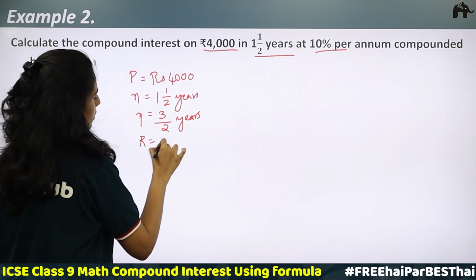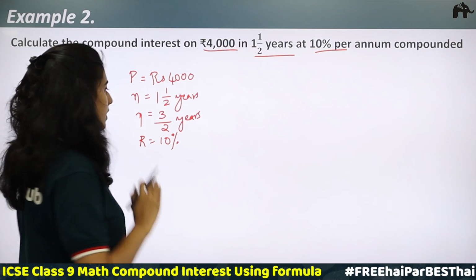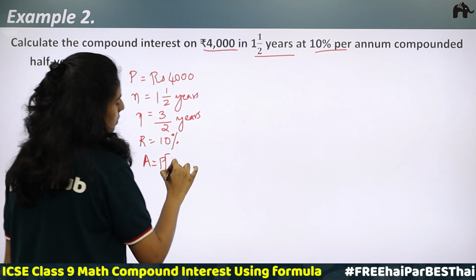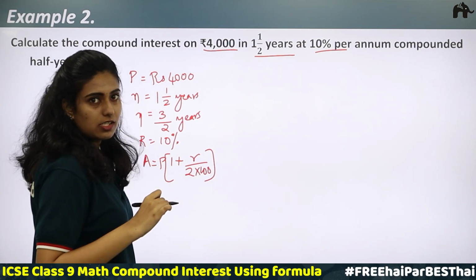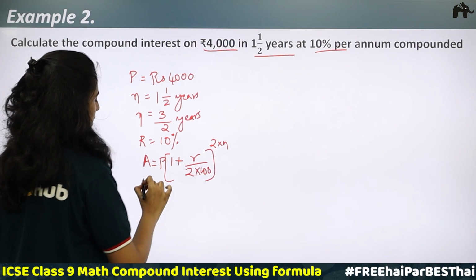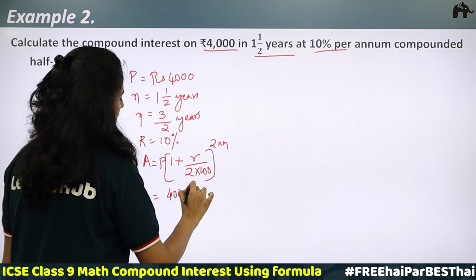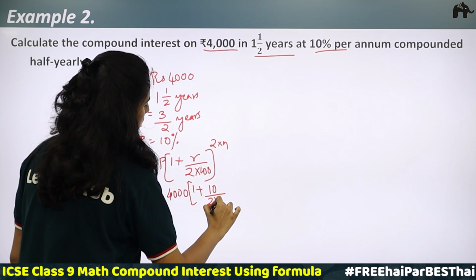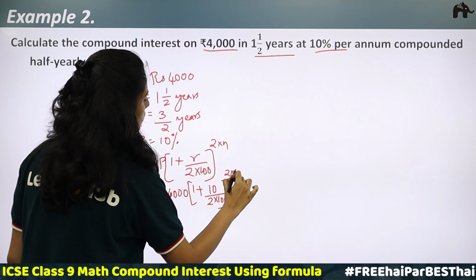Rate R is equal to 10%. Okay, compounded half yearly. Then what is the formula to find amount? Amount will be equal to principal into 1 plus R by 2 into 100 whole raised to 2 into n. Now put the values. A is equal to 4,000 into 1 plus 10 by 2 into 100 raised to 2 into 3 by 2.